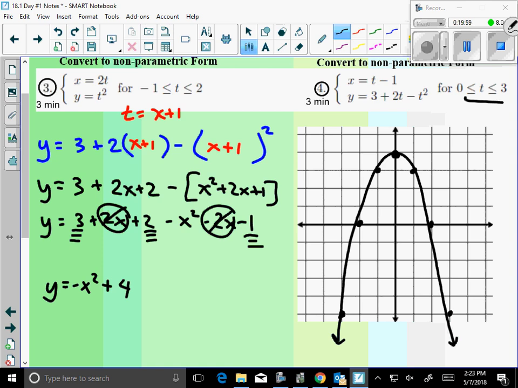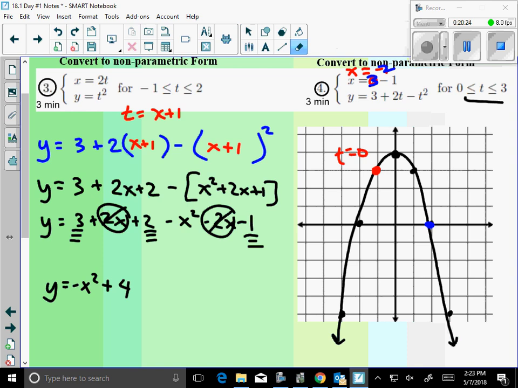Let's find the x value for which t equals 0. So x would equal what when t equals 0? -1. Oh, right there. Bam. That's t equals 0. What would x equal if t equals 3? 2. Boom.